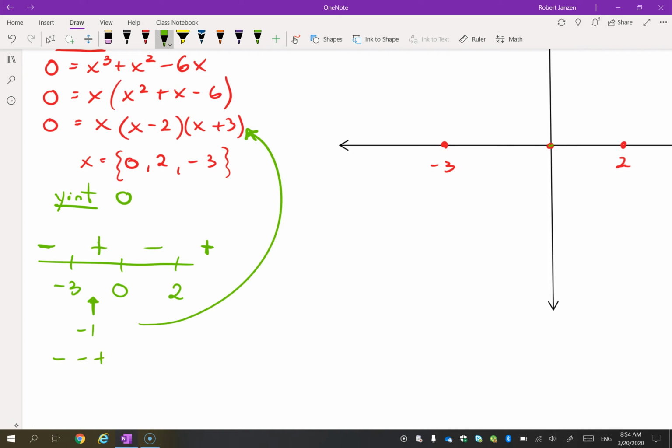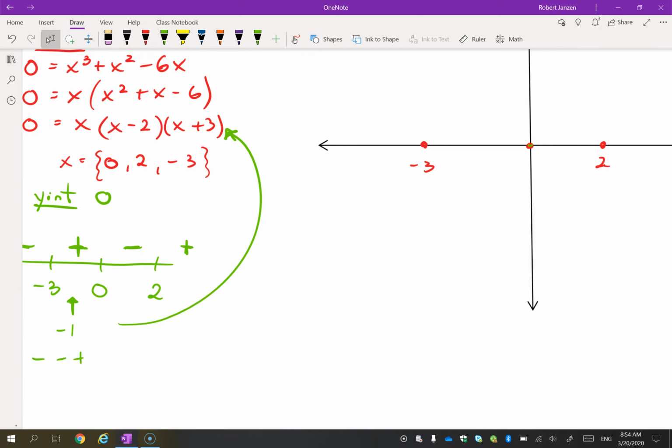So you can see the graph is positive here. Okay, and it's going to be negative there. So that should give me enough to graph from negative to positive. Oops, missed it totally. From negative to positive, back down to negative, back up to positive. All right, there's your graph.